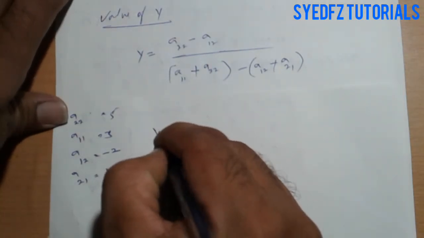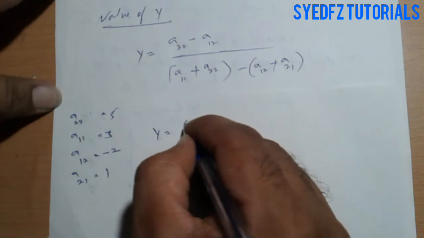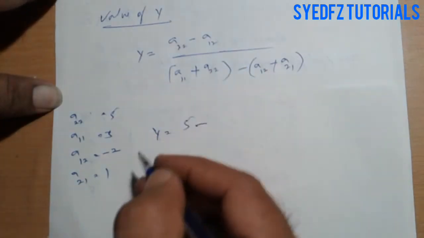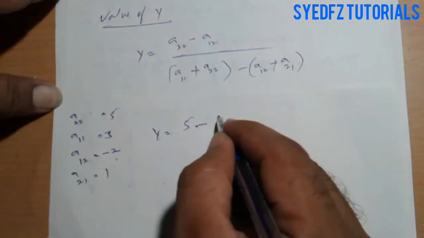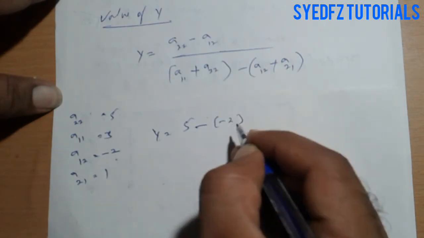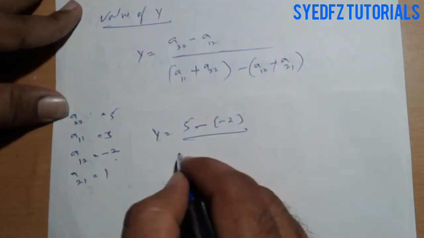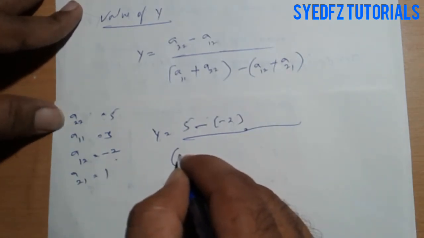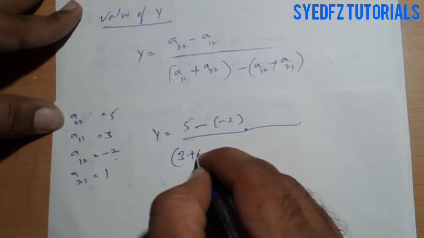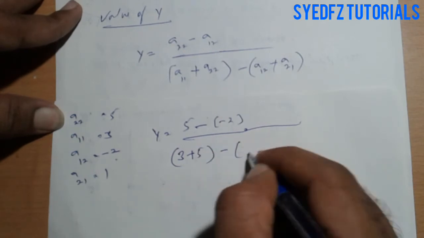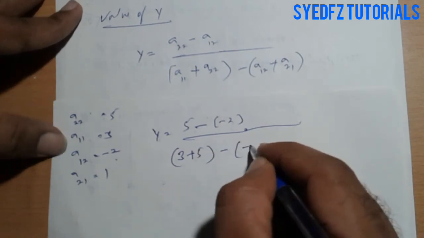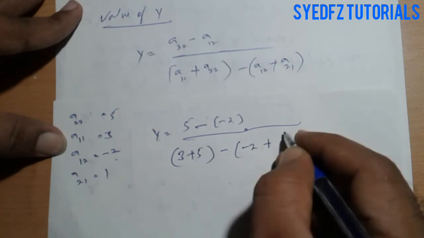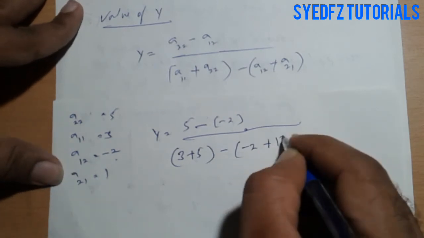y is equal to A22 means 5, minus A12 means minus 2, bracket here, A11 means 3 plus A22 means 5 minus A12 means minus 2 plus A21 means 1.